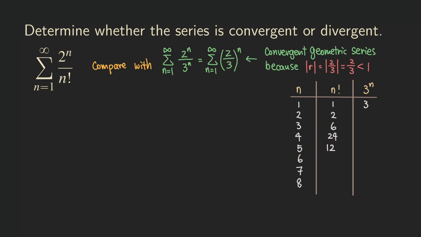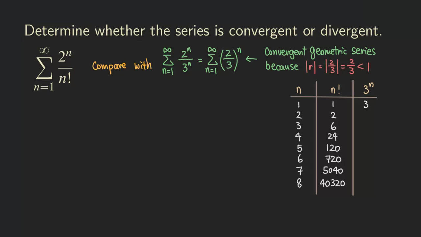So we are going to get 120, and then 720, and then you multiply the 720 by 7, which is 5040, and then multiplying the 5040 by 8, which is 40,320. Okay, what about the 3 to the n column?